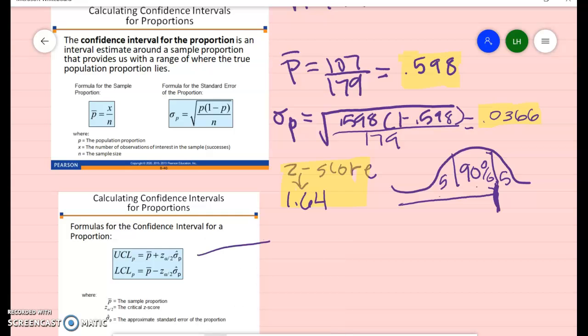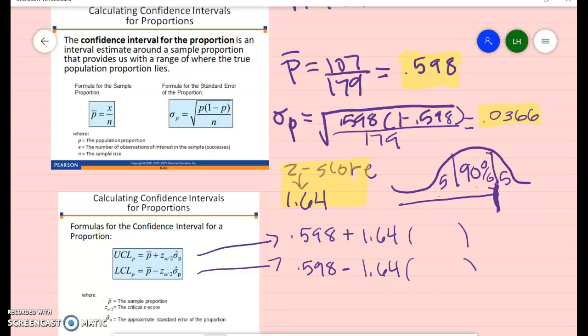So looking at this, our upper is 0.598 plus and minus 1.64 times your standard error.